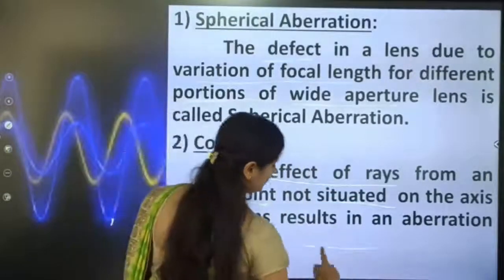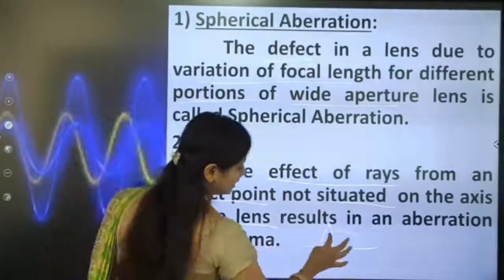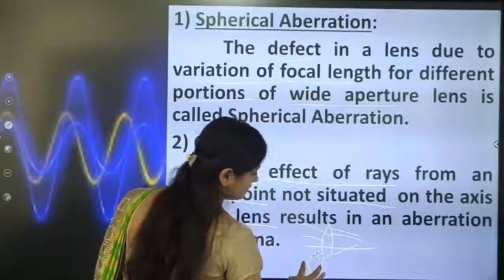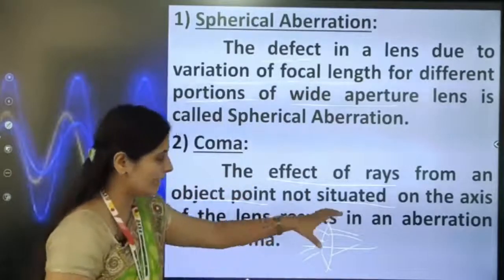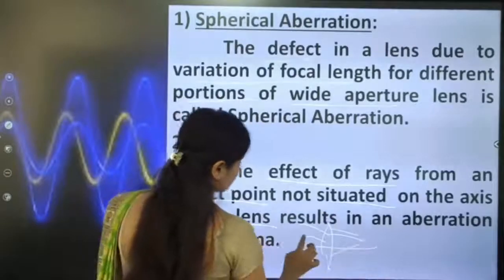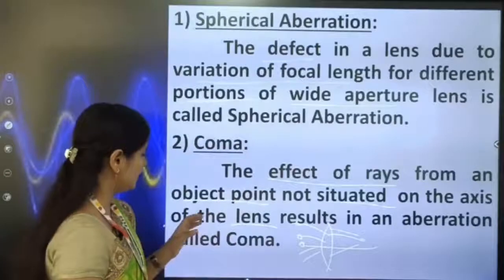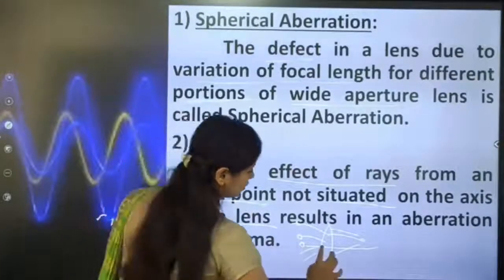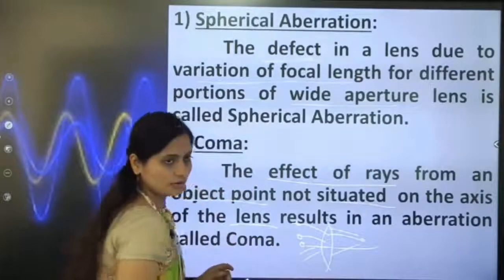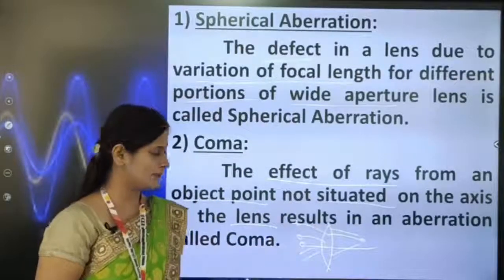One lens is there, and whatever rays are there, the effect will be produced by those rays from the object point. Consider an object point which is situated on the axis of the lens. So this is the axis of the lens.